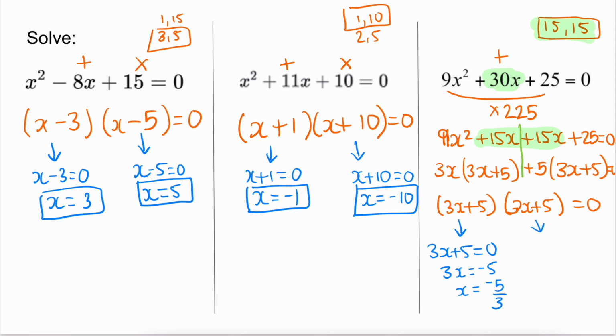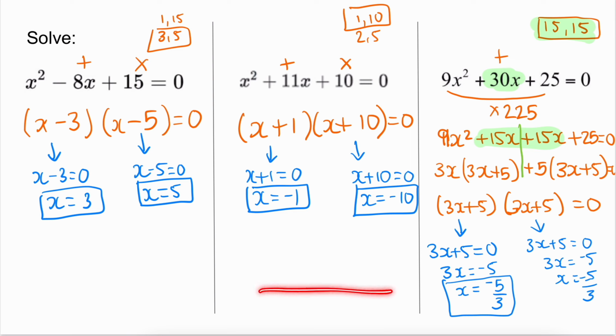And then I do the same here, so 3x plus 5 equals 0, so 3x equals minus 5, and x is equal to minus 5 over 3. And it makes sense that they would be the same because the brackets were the same. And this is where we have one solution, or a repeated solution. So we actually only have one solution because both of the brackets gave me the same number, okay? So if I was to sketch that one, it would come down and just gently touch at one point only, okay?